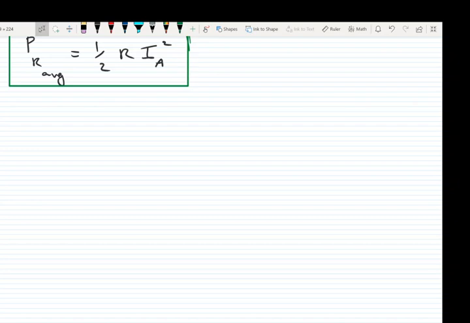Now that we know the average powers for all the elements, let's discuss the average power delivered to an arbitrary load.